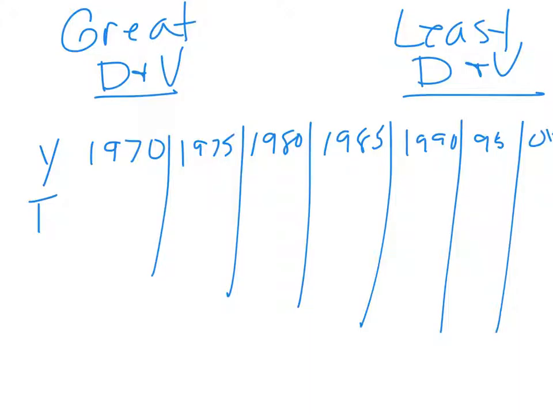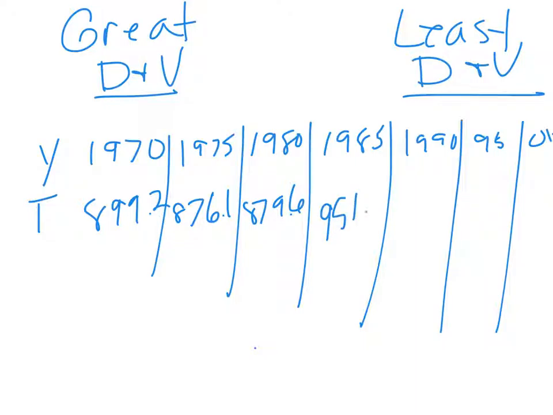And the total for the dairy and the vegetables for the first year was 899.2, 876.1, 879.6, 951.8, 951.2, 989.4, and 1000.